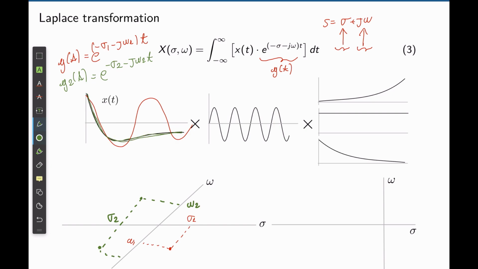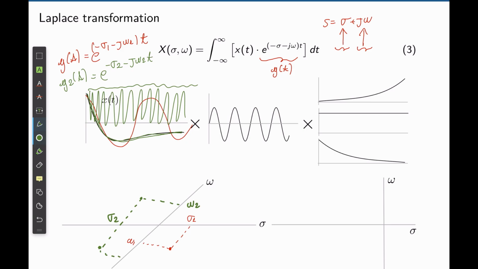When you now multiply x of t and y of t, the result is always a positive number. And when you take the integral of that curve, we are evaluating a positive area. So the result will be a very large number. And notice that that number, if finite, can never be greater than when x and y are the same.